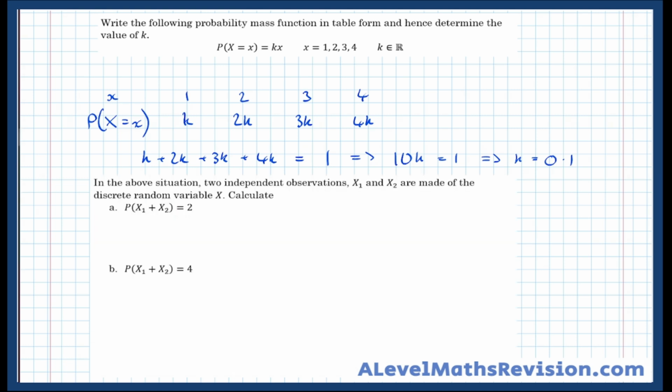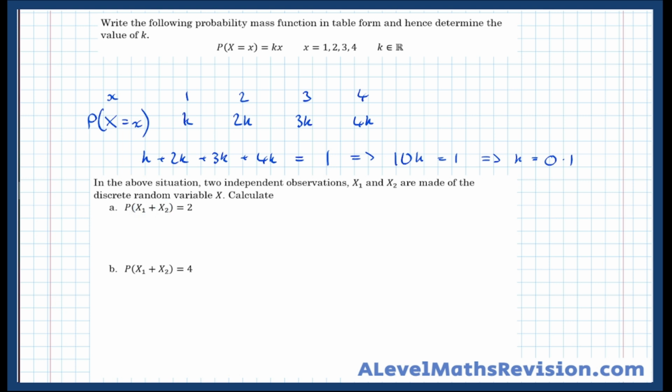It says in the above situation, i.e. the one we've just done, two independent observations, x1 and x2, are made of the discrete random variable x, i.e. we roll this four-sided, heavily biased dice twice. It's asking the probability that x1 plus x2 is equal to 2, i.e. the result of the first roll added to the result of the second roll equals 2.